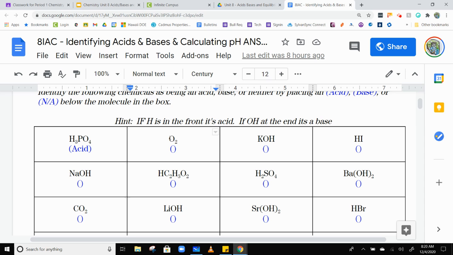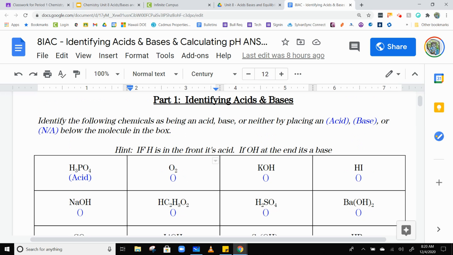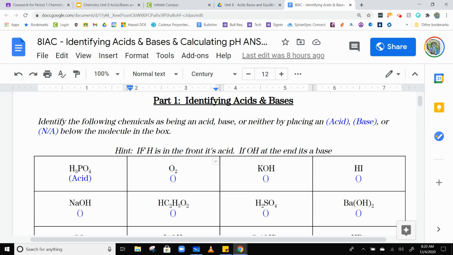It doesn't have an H in the front, doesn't have OH at the end, therefore it must be neither. KOH has OH at the end, therefore it must be basic. HI has an H in the front, therefore it must be acidic. It's usually not as easy as this, but this is a good start.